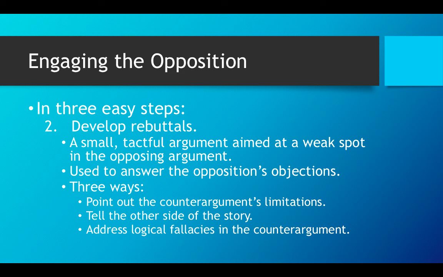We can tell the other side of the story. Or we can address logical fallacies in the counter argument. And a fallacy is an error in thinking. So once we acknowledge the opposition and we state their position, then we explain to our readers why they're incorrect. But we do it very logically and tactfully and graciously.